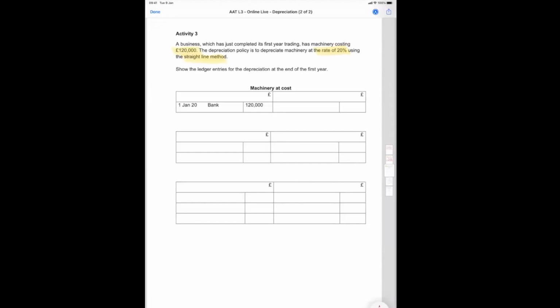So just before we calculate that, we're going to look at the 2 accounts that we'll be dealing with in addition to the machinery at cost account. The first account is what's called a depreciation charge account.